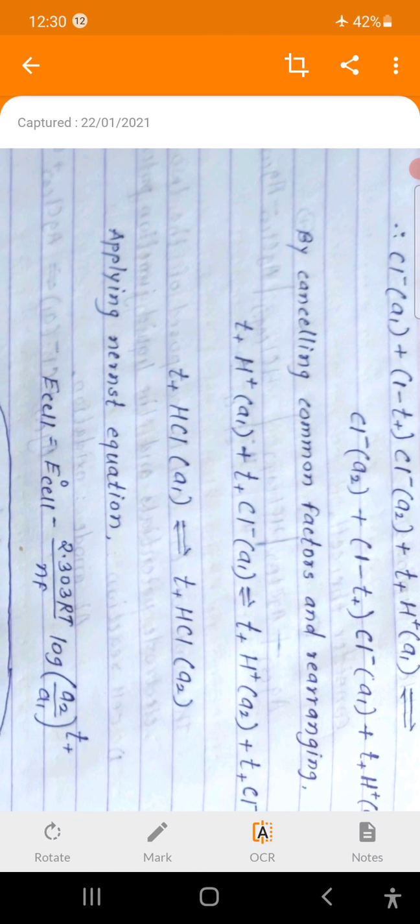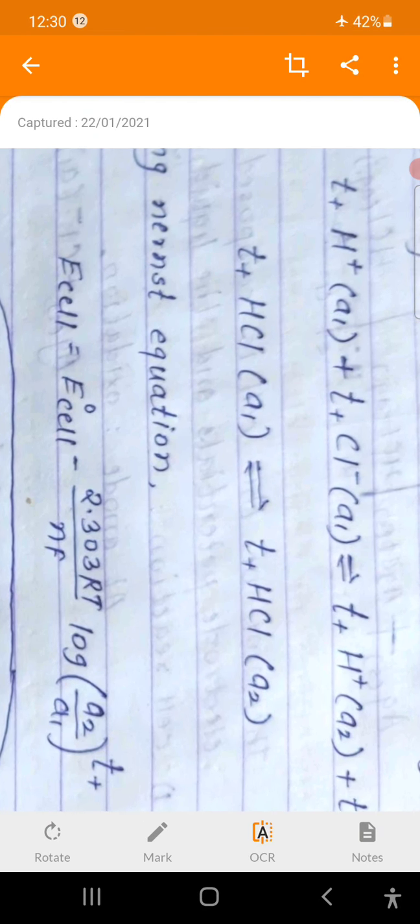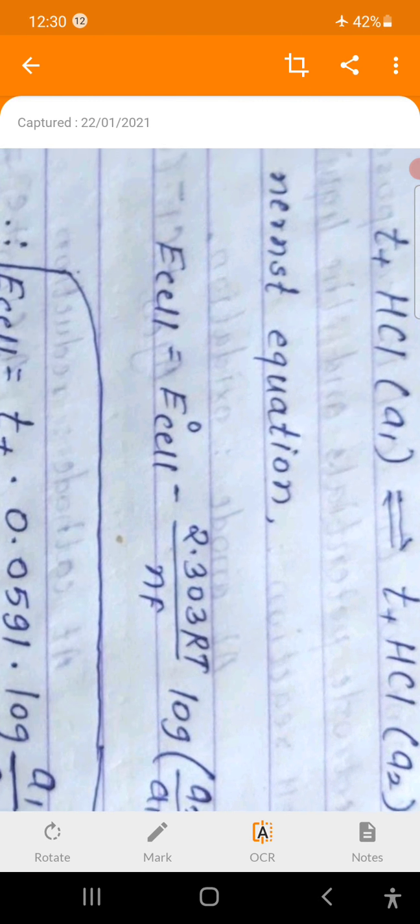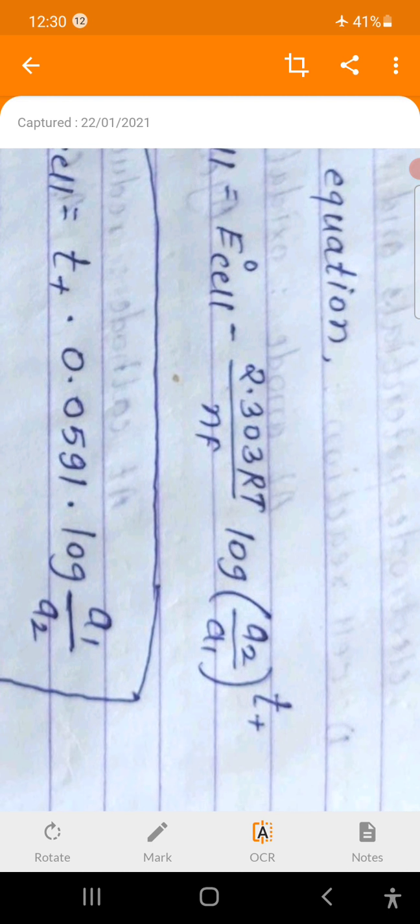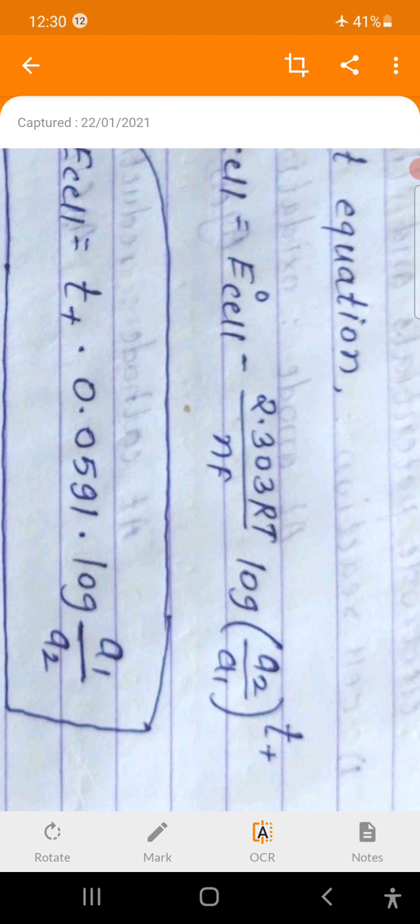Then applying the Nernst equation to this final equation, we get E cell is equal to E standard cell minus 2.303 RT upon NF log of A2 upon A1 raised to T plus. Here we know that E standard cell for a concentration cell is 0. 2.303 RT upon NF is always 0.0591 at 298 Kelvin temperature.